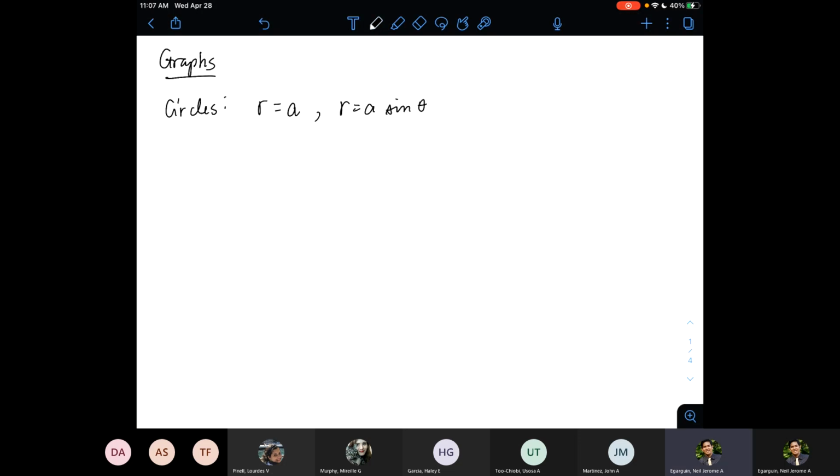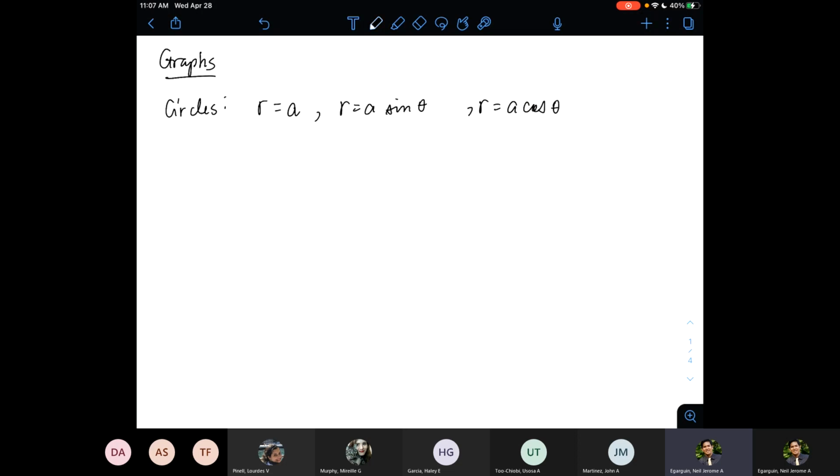This is a circle which is primarily on the y-axis, and then you have r equals a cosine theta, which is a circle that is primarily on the x-axis. I easily remember that because remember that I told you last time that sine is always associated with the y variable, and cosine is always associated with the x variable.